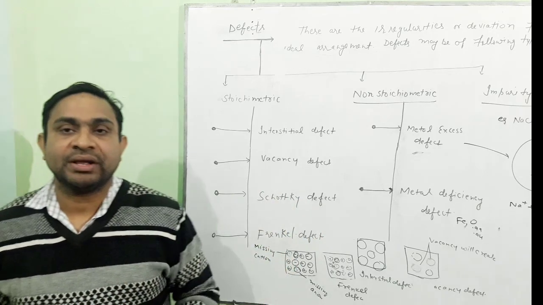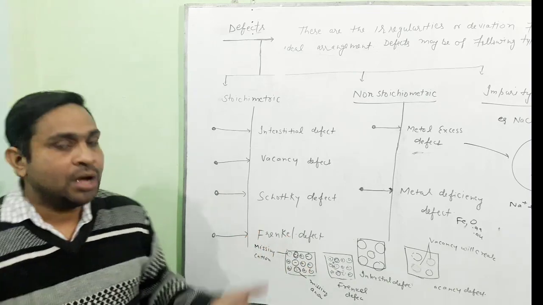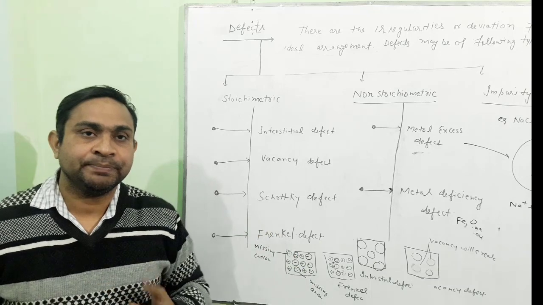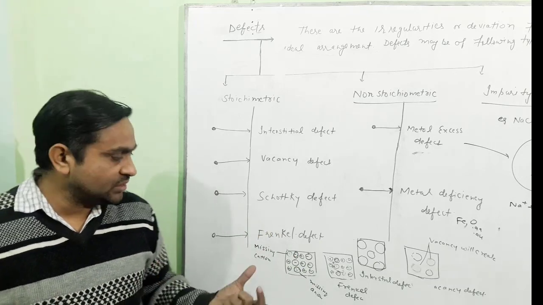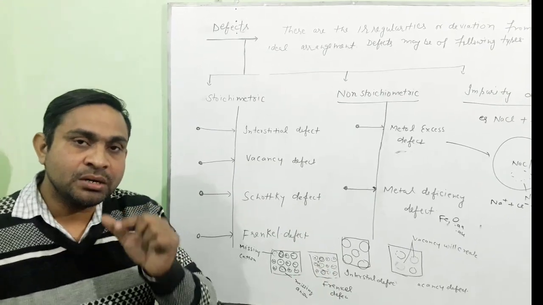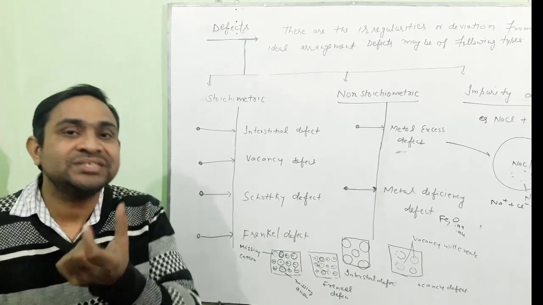Now we will come to the Frenkel defect. This is also found in ionic compounds. This defect is also known as the dislocation defect. In this defect, the cation shifts from the lattice site to the interstitial site, as we can understand with the help of this diagram. This is the site of the cation, and this cation will shift from the lattice site to the interstitial site.